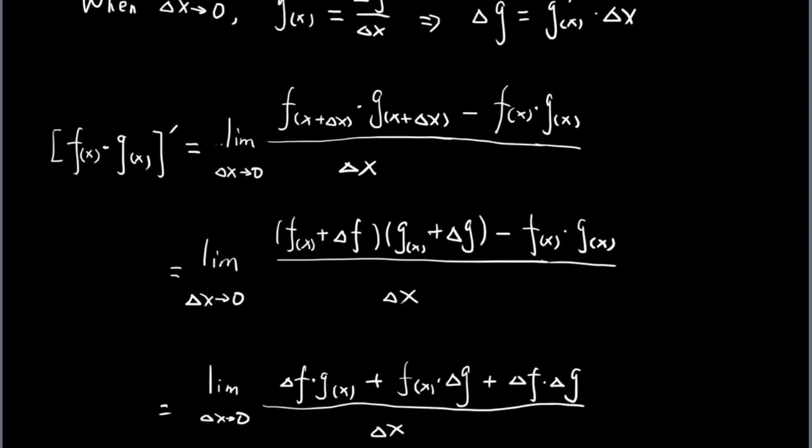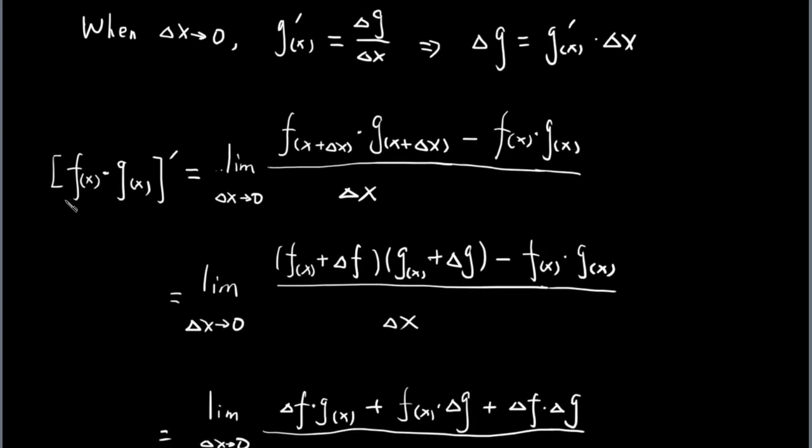Okay, then we have the prime of f of x times g of x equals the limit of this as delta x approaches 0. This is the definition of the prime of this.